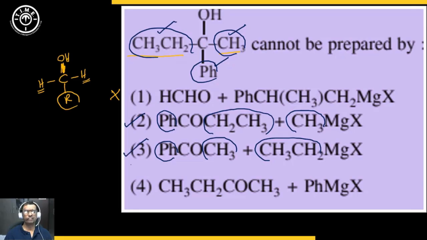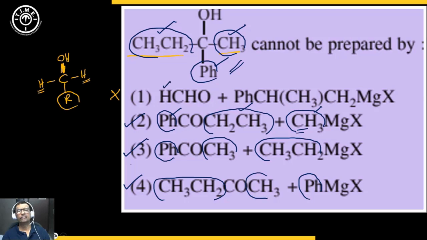So 3 is also okay. What about the fourth one? You have a CH3CH2, you have a CH3 and you've got a Ph. So another combination. So 2, 3 and 4 can give this product because they have the right starting groups and the group coming from the Grignard reagent. Whereas 1 has got 2 hydrogens which are not there in the product. So 1 is not going to give us the product. Clear?